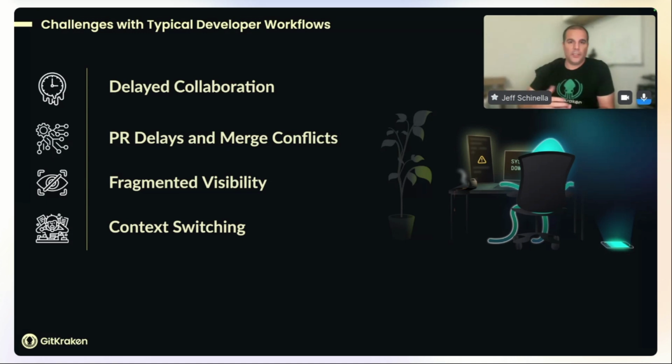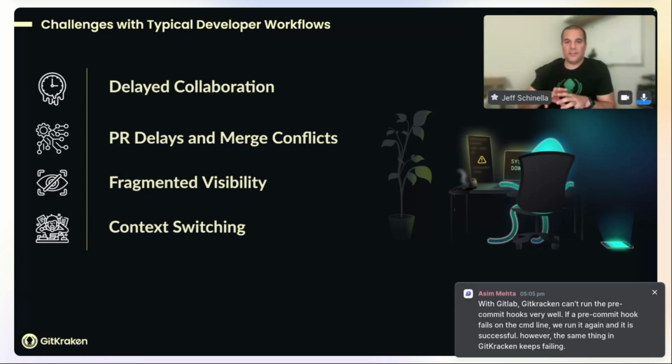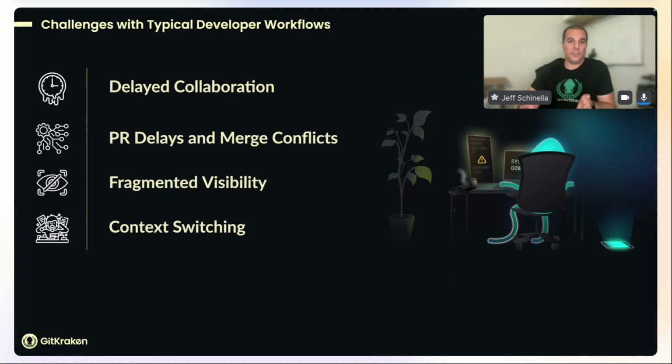When you're working on code, obviously, typically you're not working alone very frequently, and things change. Base branches get updated, you wind up behind, and that can cause merge conflicts or delays in that PR review process. On top of this, where changes exist and what's happening can lead to a lack of visibility across these different surfaces or places where your developers and teammates are making changes and pushing.